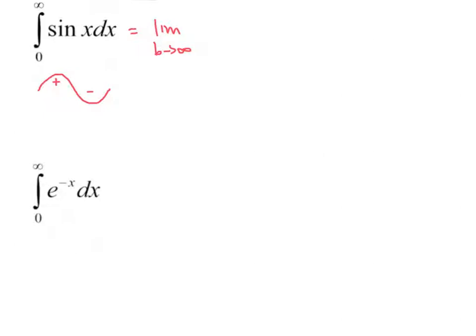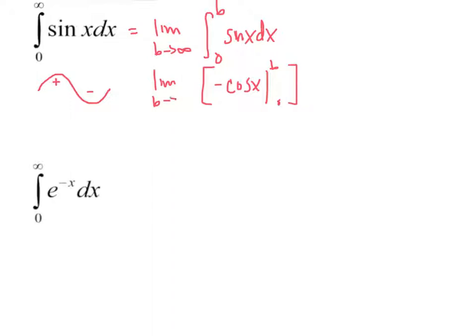So I can already tell you that this is obviously going to be divergent because it isn't approaching one number. But you'll see that the math does bear that out when we do it. So the antiderivative is negative cosine, evaluated at b and 0. I plug in b, I plug in 0.